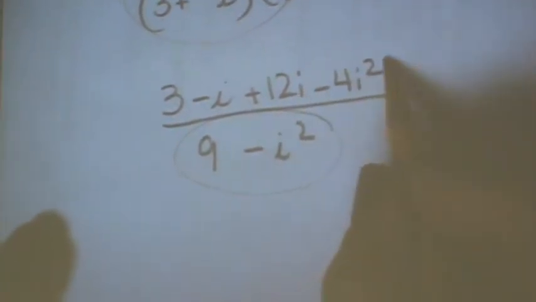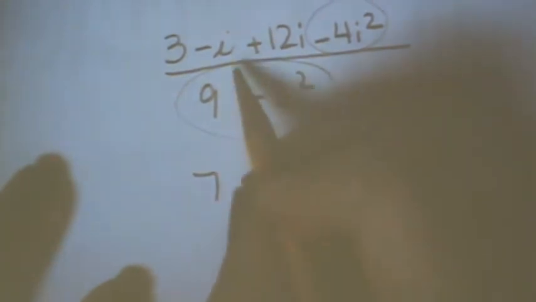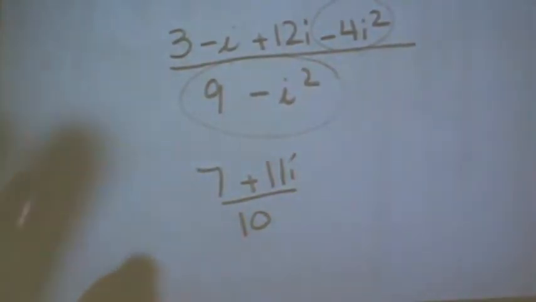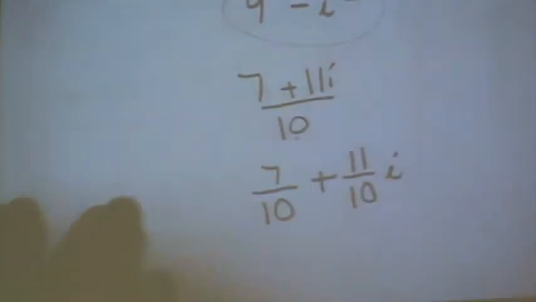You're going to simplify, this goes to 4. So 4 and 3 is 7 plus 11i all over 10. And you can break that up into 7/10 plus 11/10 i.